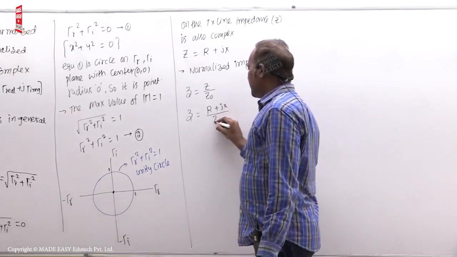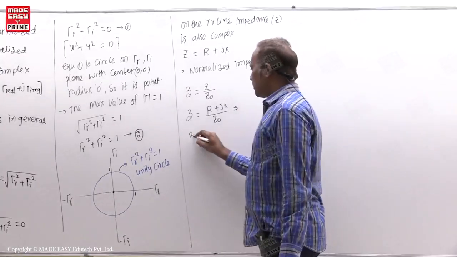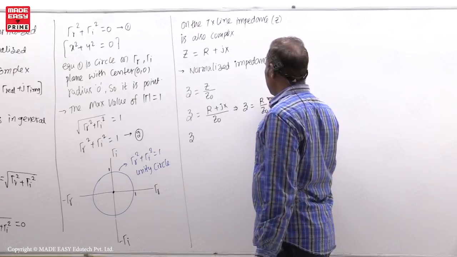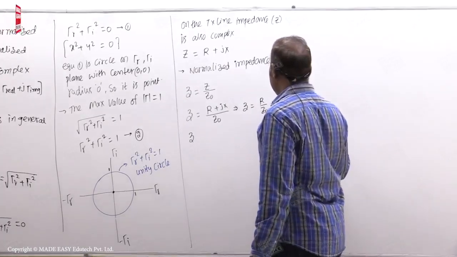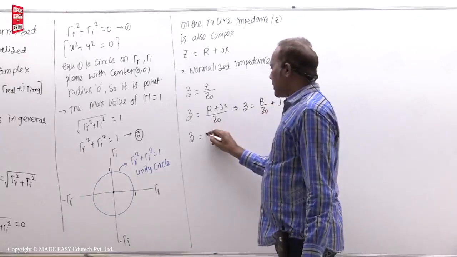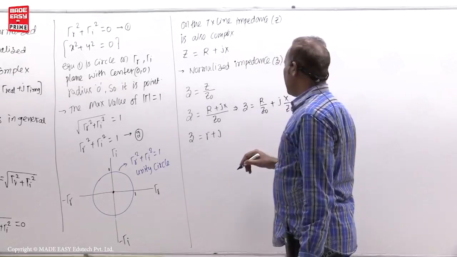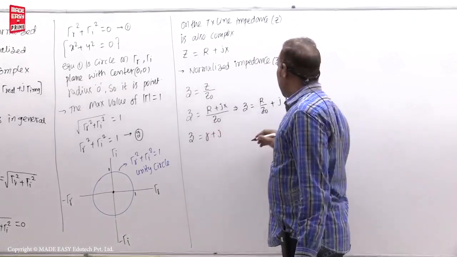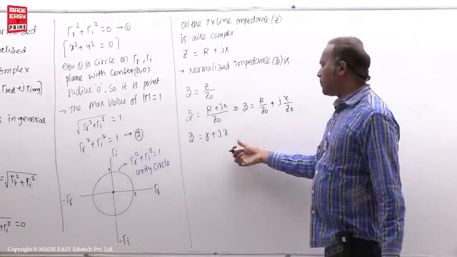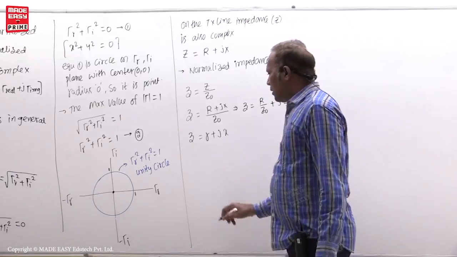So dividing by Z naught, small z is equal to capital R by Z naught plus j capital X by Z naught. We are taking capital R by Z naught as small r, and capital X by Z naught as small x. I will write the names now.